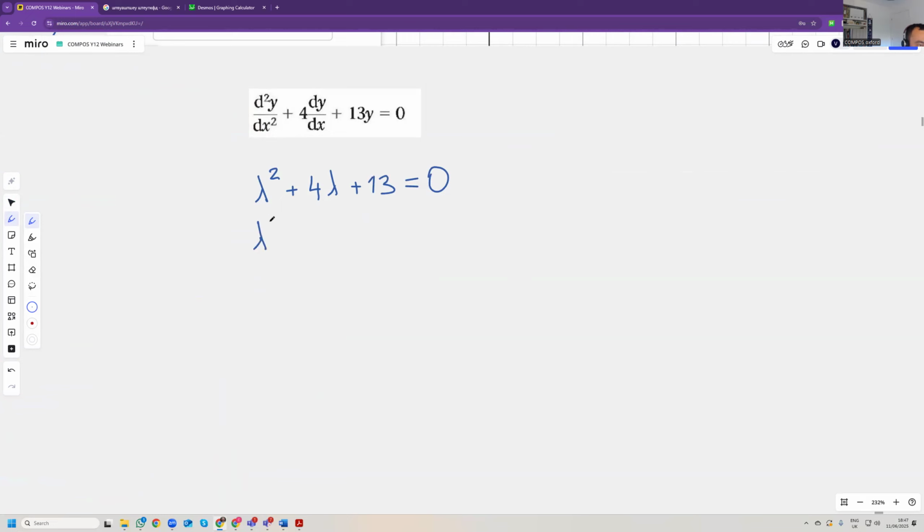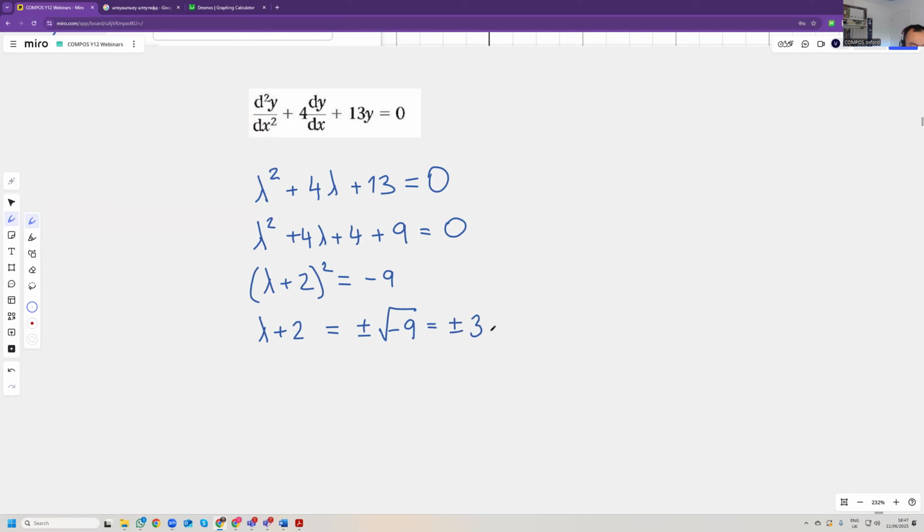So I'm going to complete the square. Plus 4 plus 9 equals 0. So lambda plus 2 squared equals minus 9. So lambda plus 2 is equal to plus or minus the root of minus 9, which is plus or minus 3i. So lambda is minus 2 plus or minus 3i.